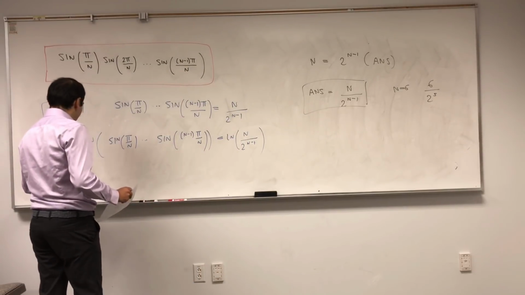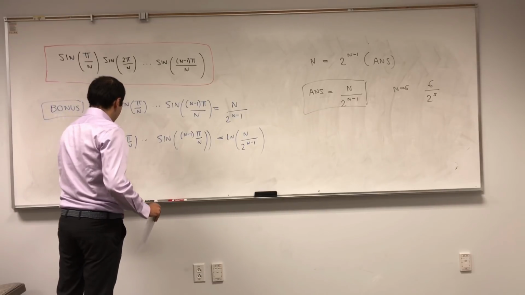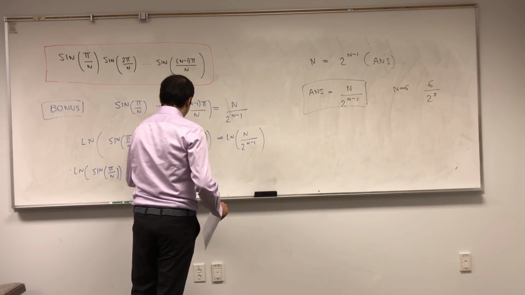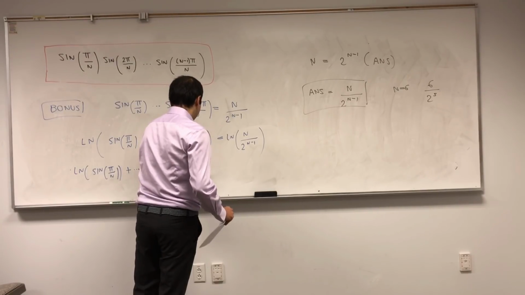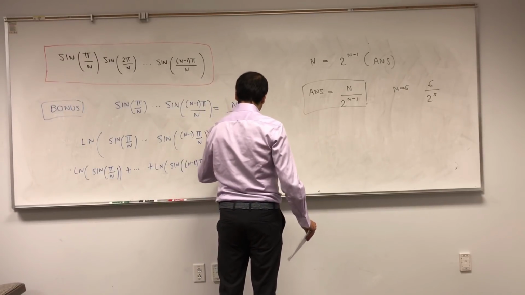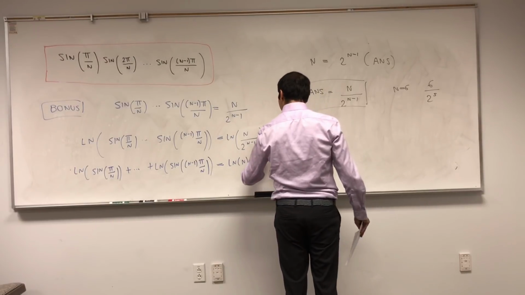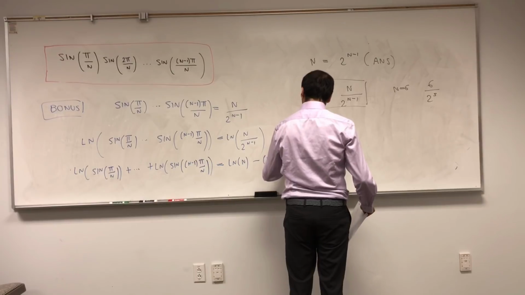Therefore, ln of sine of pi over n plus dot dot dot plus ln of sine of n minus 1 pi over n equals ln of n minus n minus 1 times ln of 2.